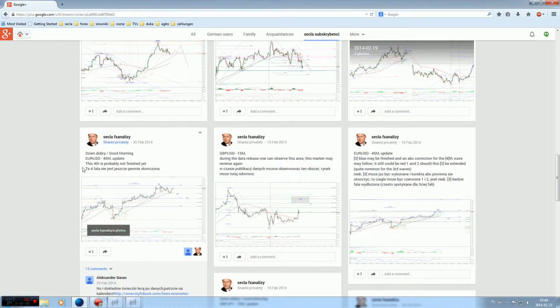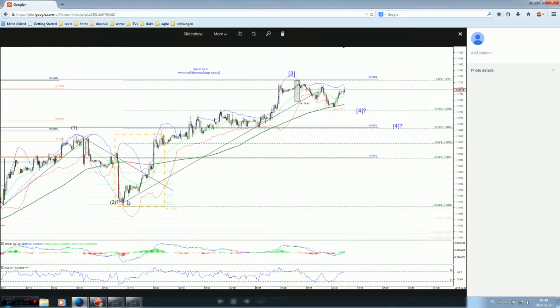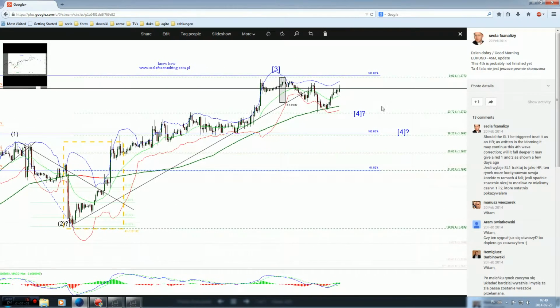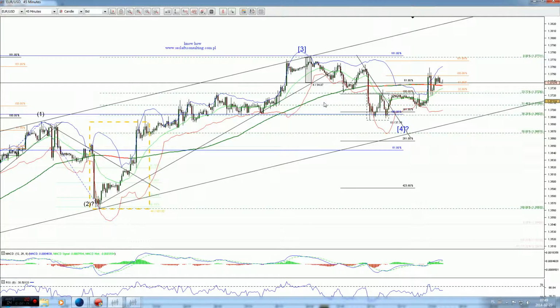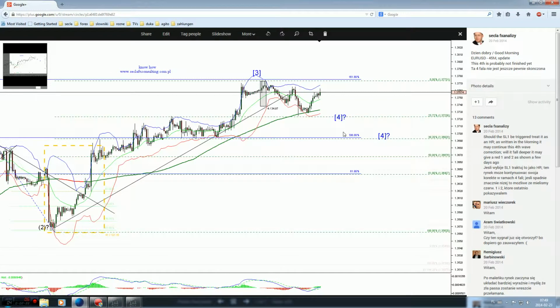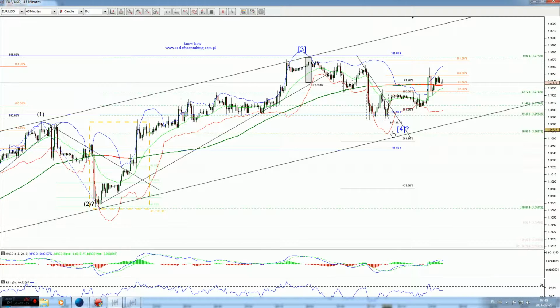That's the update on my Google Plus profile, and this is where the market was when I sent a short position. We are in this area here, and I sent you a short position. Now you can compare how it developed, how it went down to those levels.